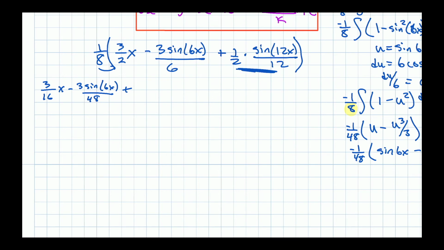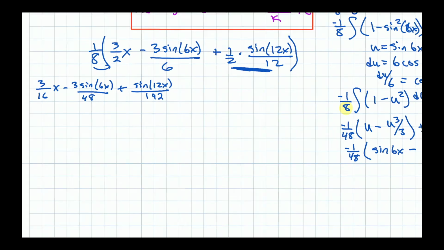Then here I've got 2 times 12, which is already 24. 24 times 8, is that 192? I think that's 192. So I think we have sine 12x over 192. 24 times 8. Yeah, I think that's right.